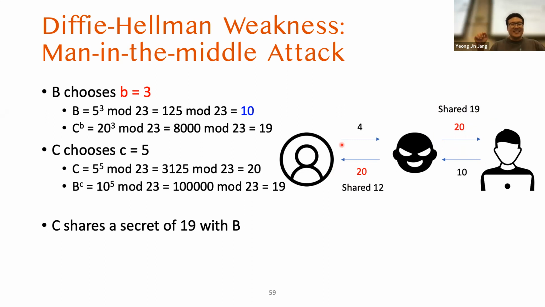This is exactly the same as the internet situation, where anyone can intercept and monitor all the traffic, and then manipulate it. Although user A believes they are talking to user B, it could actually be attacked by the man in the middle. And by just using Diffie-Hellman, there's no way you can detect that.